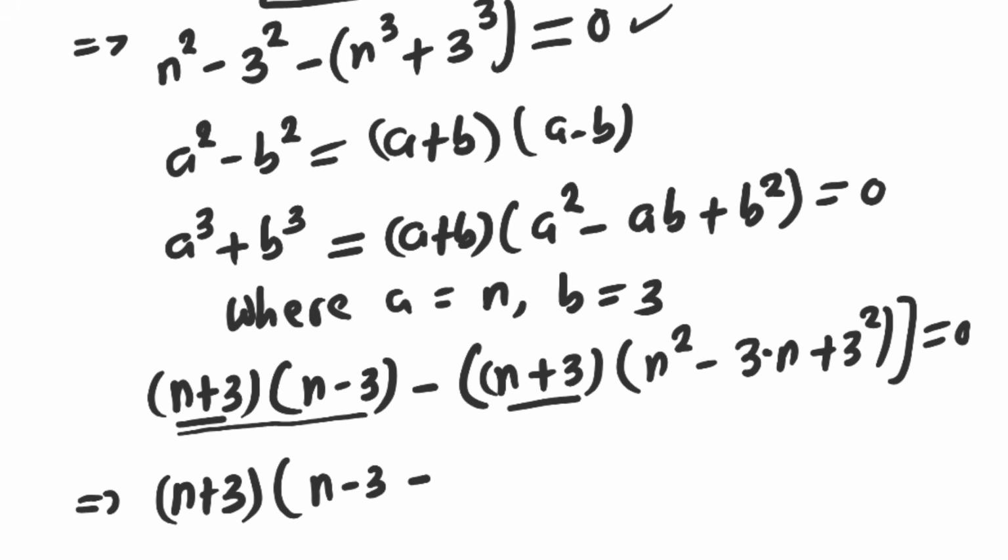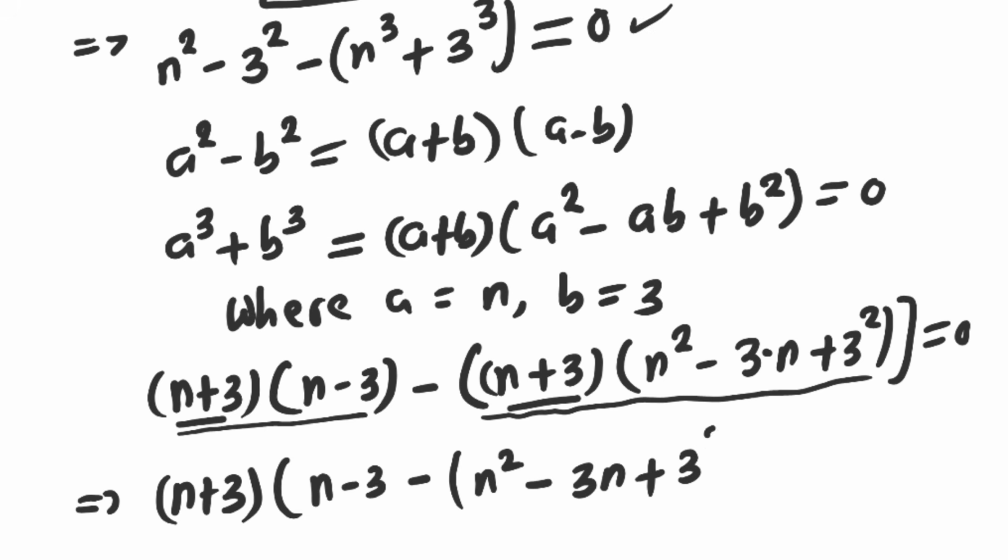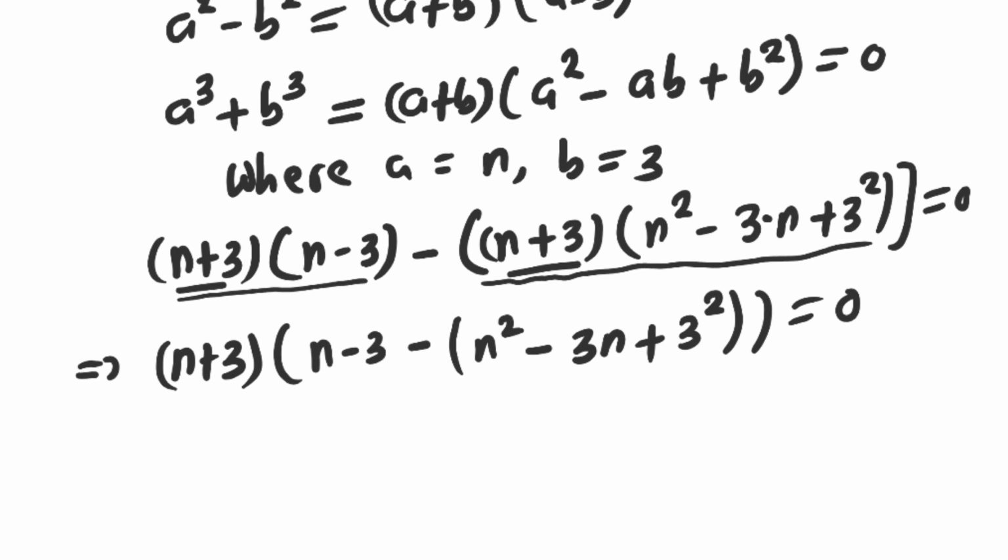Then minus, if you divide the whole of this by this n plus 3, we have n squared minus 3n plus 3 squared is equal to 0.